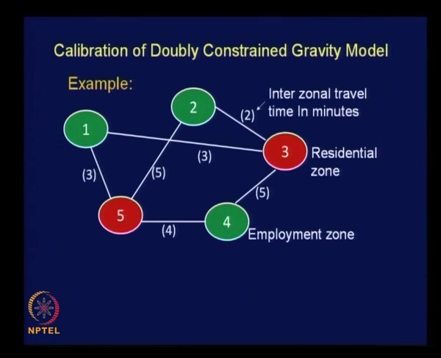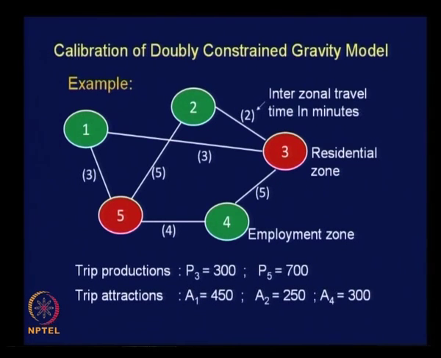Also, please note that zone 3, for the purpose of trip connectivity, is connected directly with zone 2, zone 1 and zone 4. There is no connection of 3 with the other zone, namely 5. Similarly, zone 5 is connected to 1, 2 and 4. This is how the zones are connected, and the trip production and attraction values are as shown here.